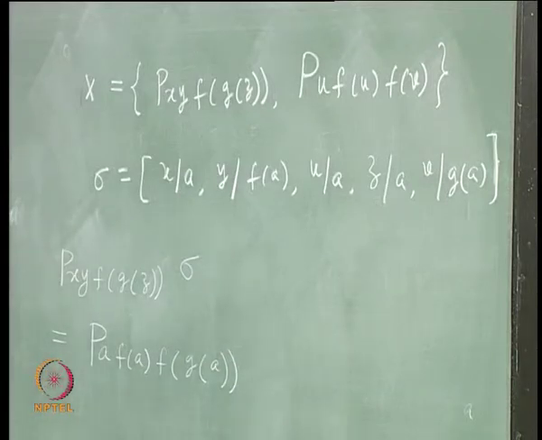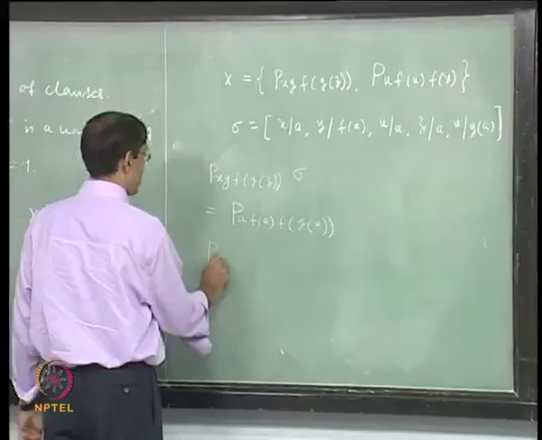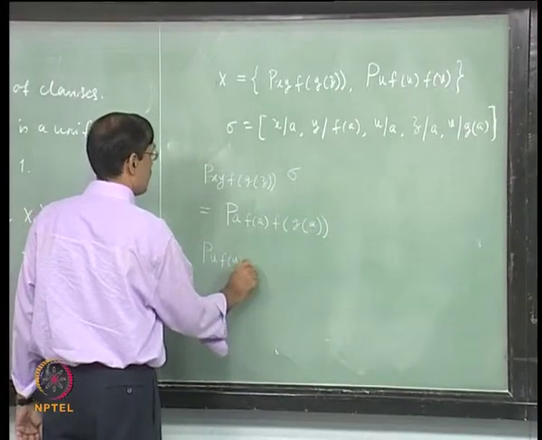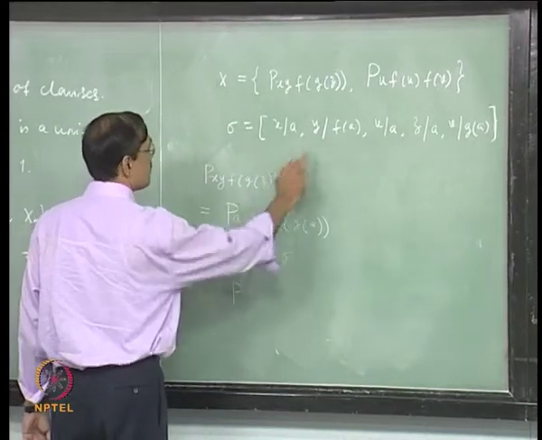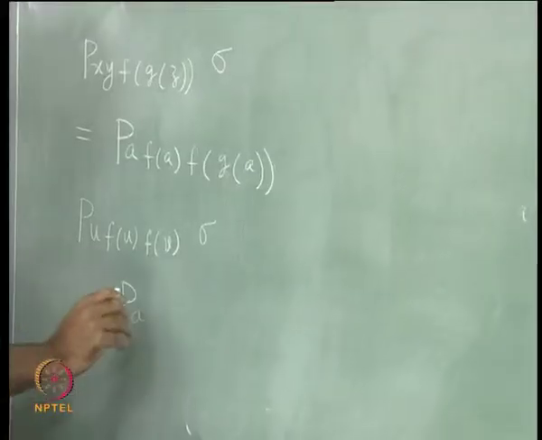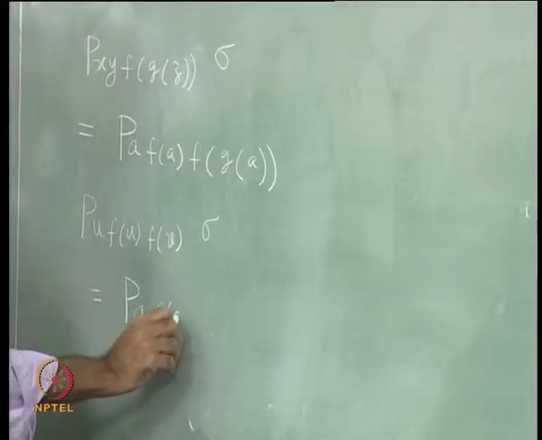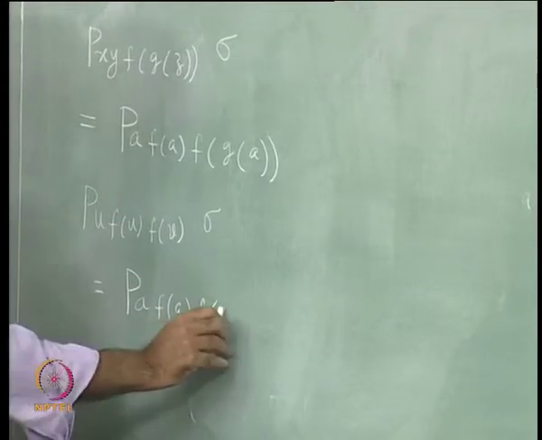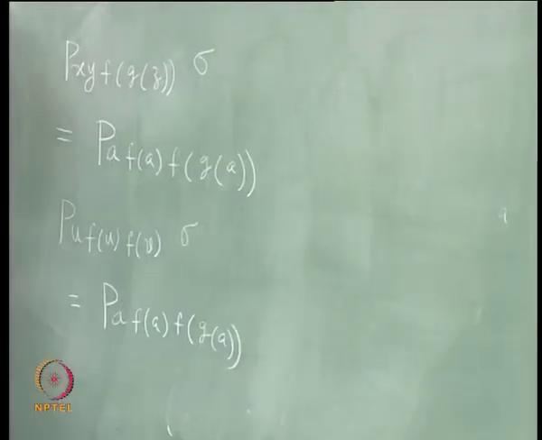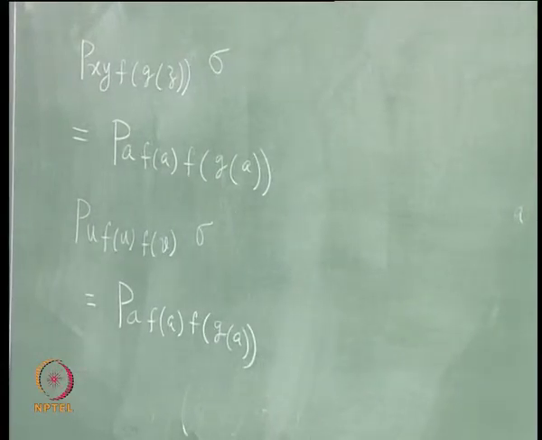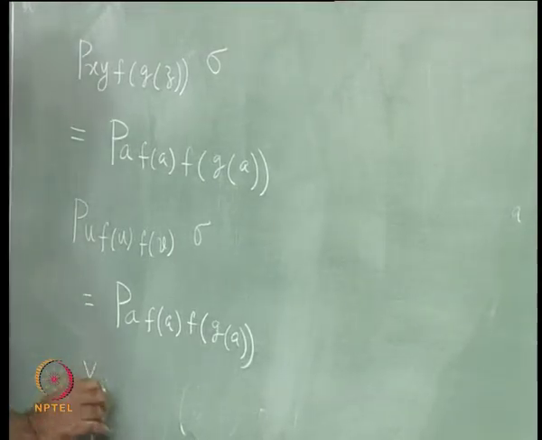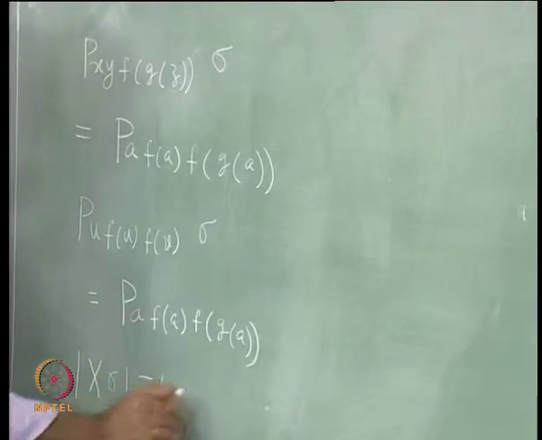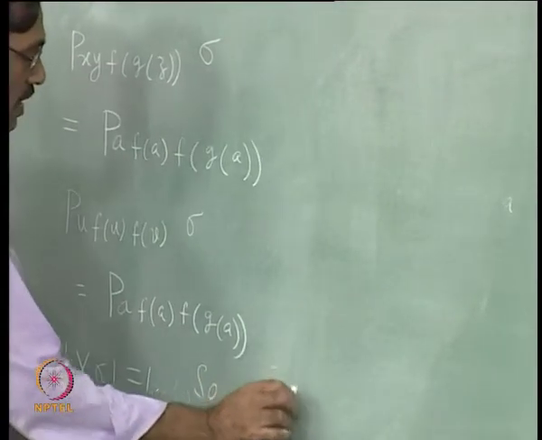And then P u f of u f of v sigma: P u is a, then f a, f v is f of g of a, that is the same. So you see that both of them are the same. Therefore, the set with sigma applied is a singleton. So, sigma is a unifier.